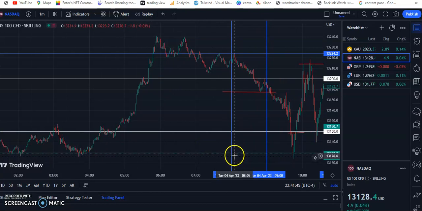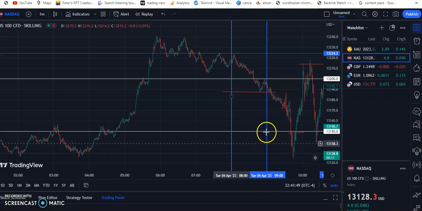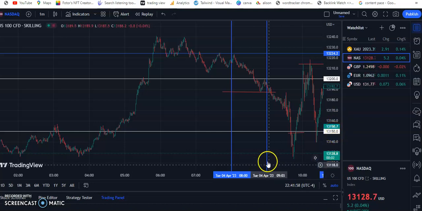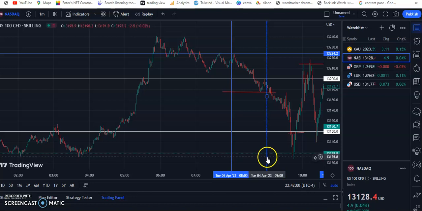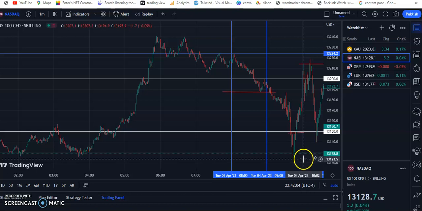We want 150 to 100, 125. And as you can see, the market really did come to the quarterly level.